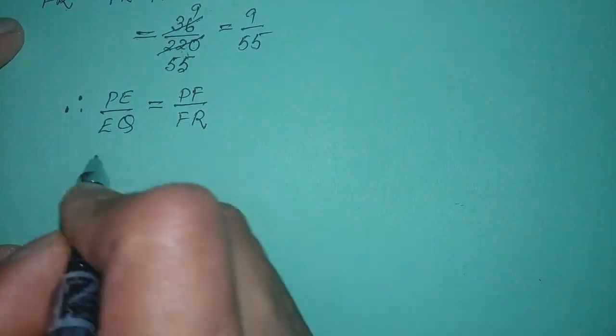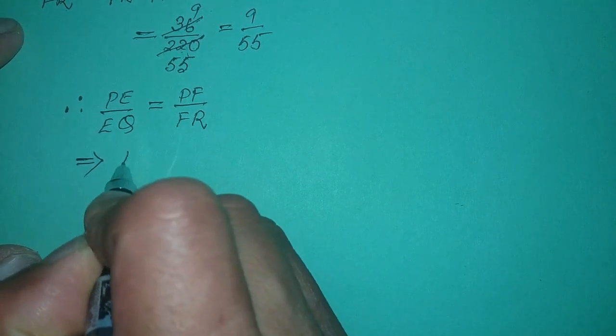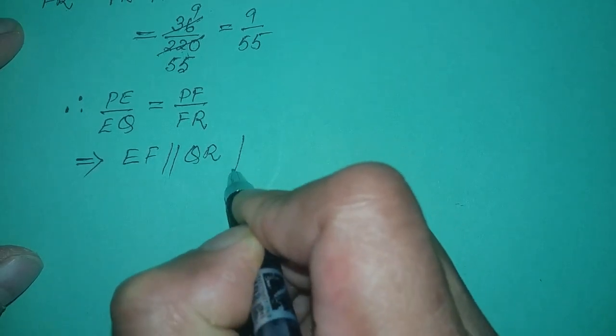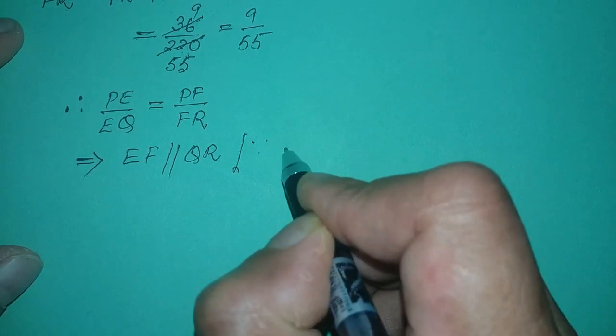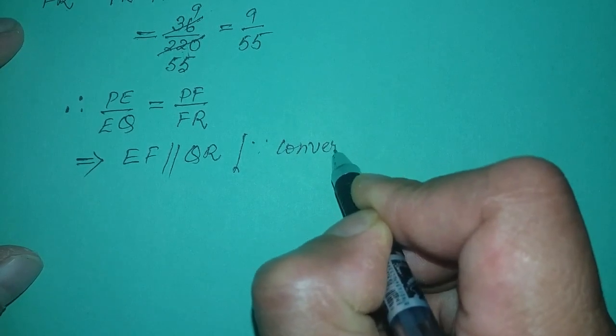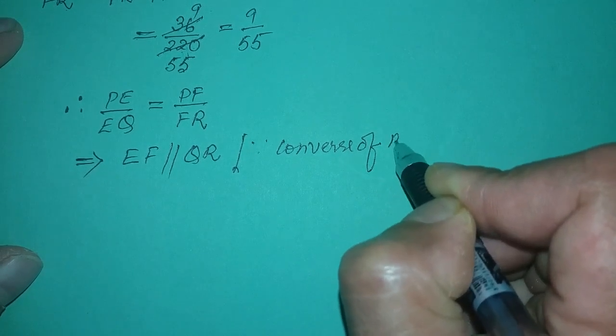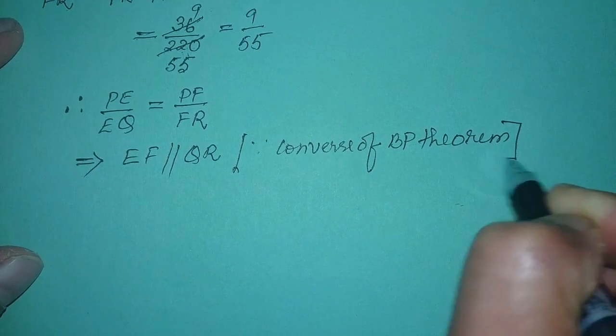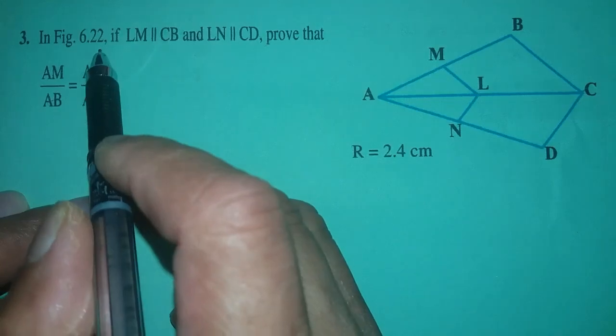So this implies EF is parallel to QR. This is by the converse of basic proportionality theorem. Now let's see question number 3.